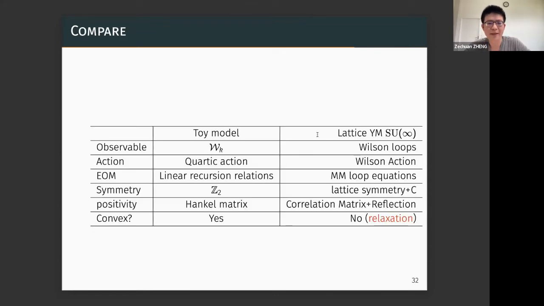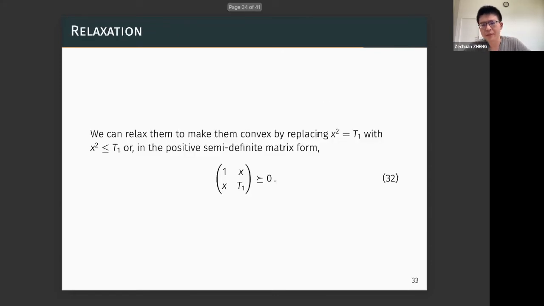And also the relaxation. I don't want to spend too much time because I'm already running out of time. Suppose we have a single quadratic term in the loop equation, and we introduce a new variable, let's call it T1, in place of the quadratic term. So we note that x squared equals T1.